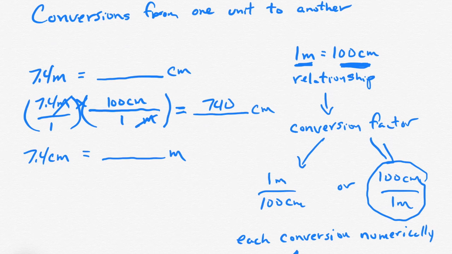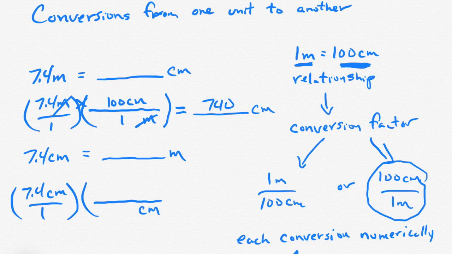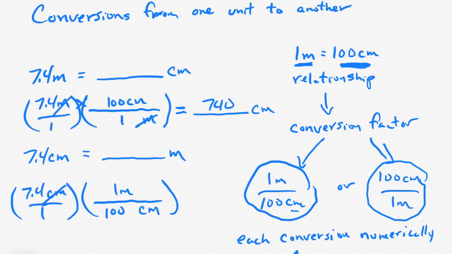Alright, now we go the opposite direction, taking 7.4 centimeters and converting that into meters. Similar to what we did on top, since centimeters was the numerator part of the initial number, we must have centimeters in the denominator. So 1 meter over 100 centimeters is the conversion we should use. We use that for the cancelation of centimeters.